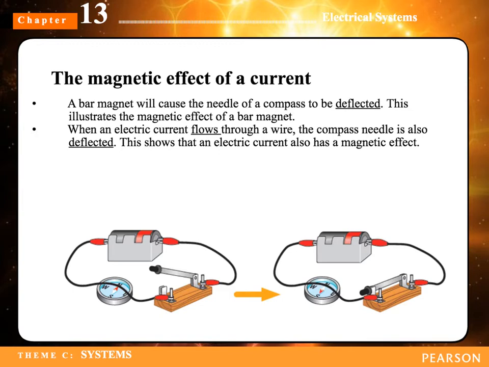Okay, now, this is an effect that I don't know how to explain, but it just happens, and I don't understand why. So the idea is this: when electric current flows through a wire, somehow it will always generate a magnetic field, as long as electricity flows through a wire.